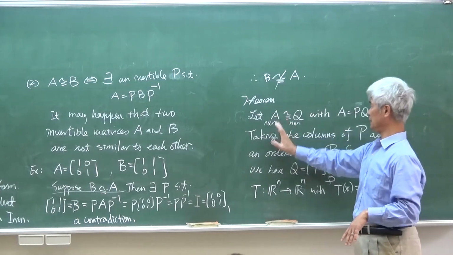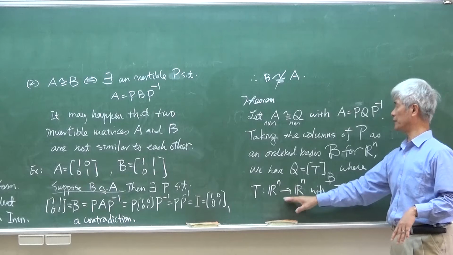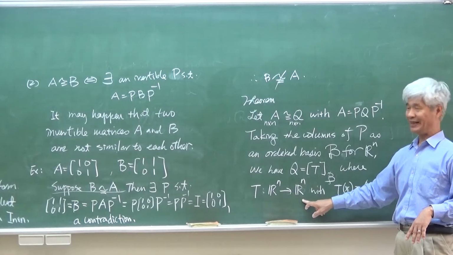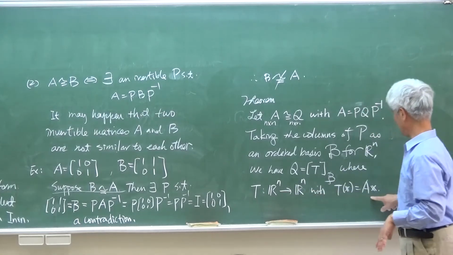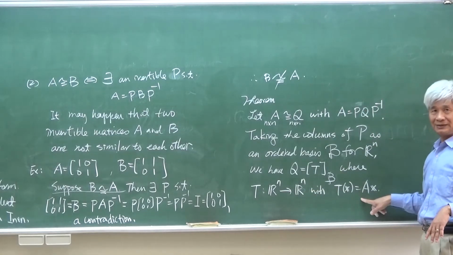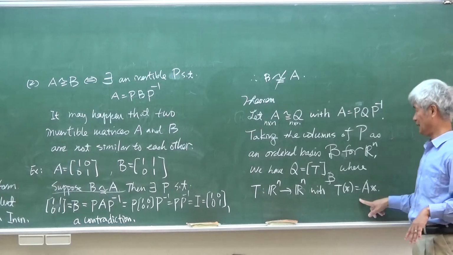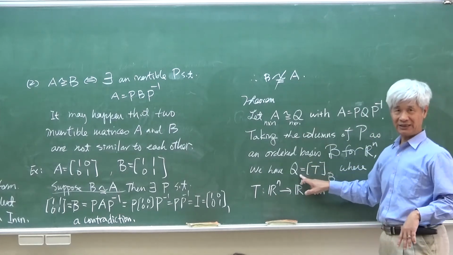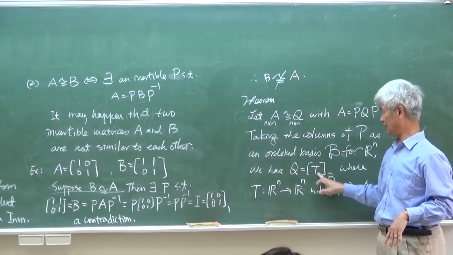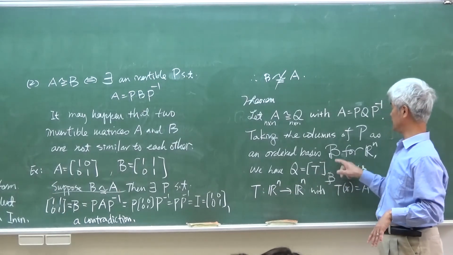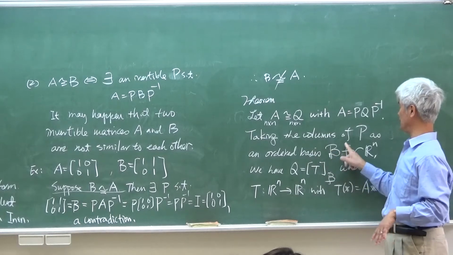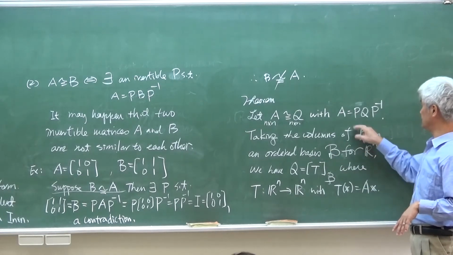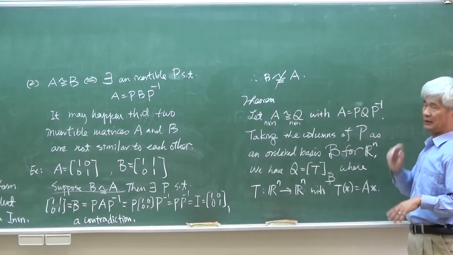We can use A to define a linear operator on Rn. And what is Q? Q actually is the matrix representation of this linear operator relative to the basis formed from the columns of the matrix P.